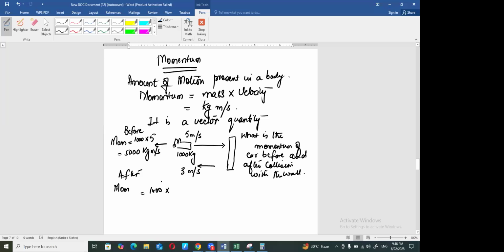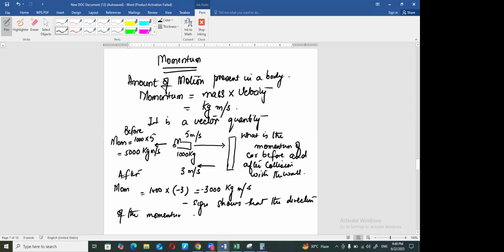The direction of the velocity is different. So you can say that the velocity is -3. So momentum will be -3000 kilograms meter per second, which means the minus sign shows that the direction of the momentum will be opposite direction, right?